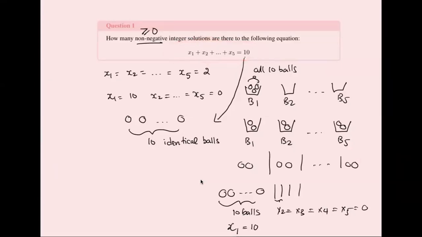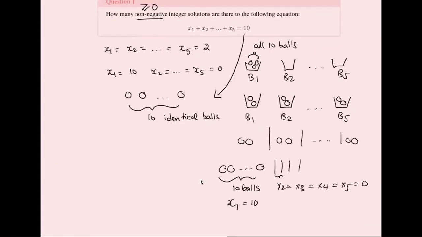So they are equivalent problems. And if we think about how many ways there are to arrange this sequence, this is a sequence of 10 balls and 4 dividers.